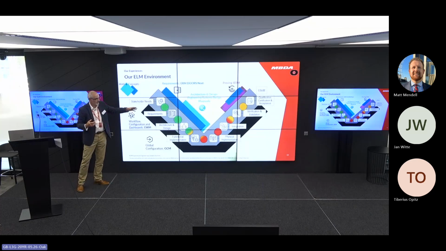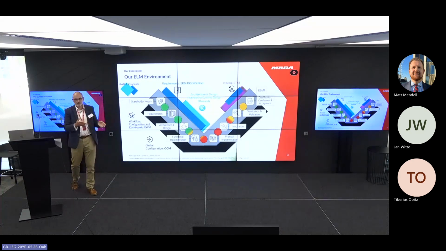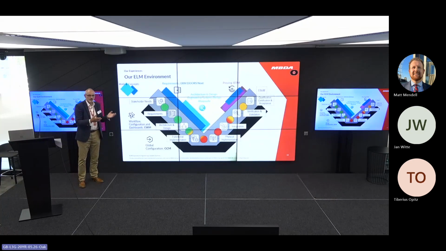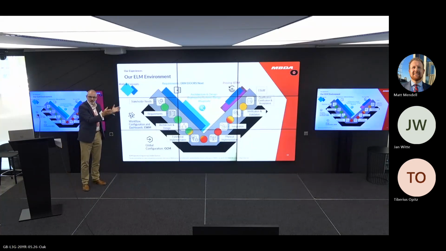We can dip into the different projects, what they're doing, and we can use Doors Next and we can use Rhapsody to start to create very rapidly using the same ELM environment on the same servers. We can reuse what we've already got on projects to mature them to something quite generic or a reference for future projects to use. And that's all in the same ELM environment. We have one of these in the UK, France, and Italy, don't we? Yeah.